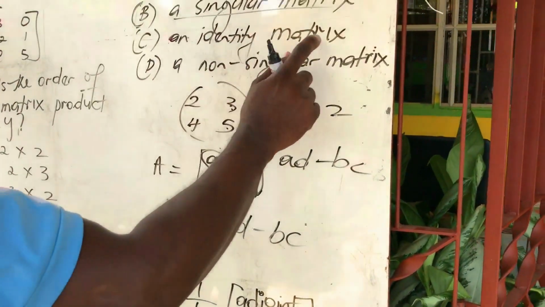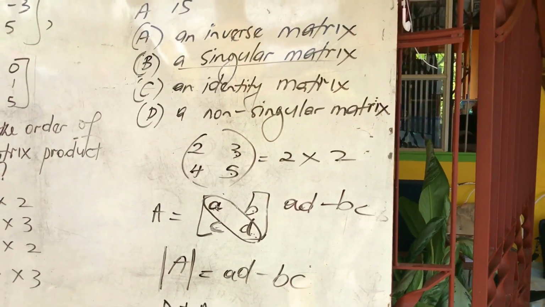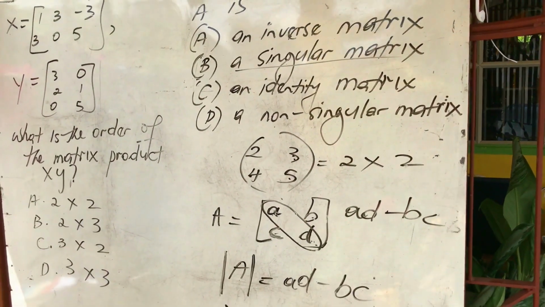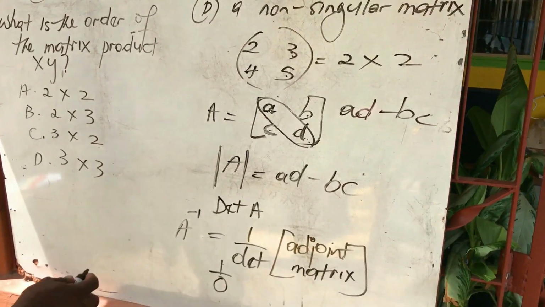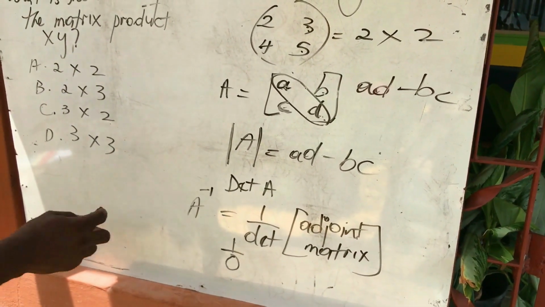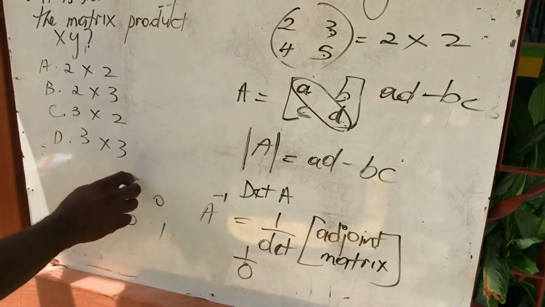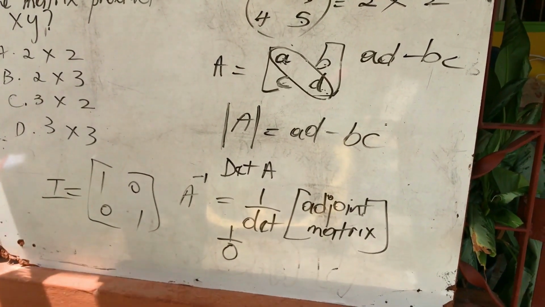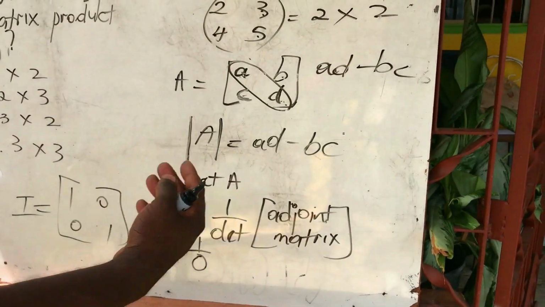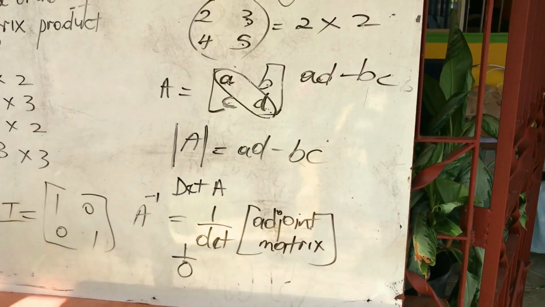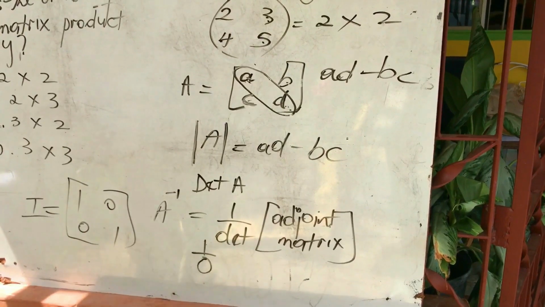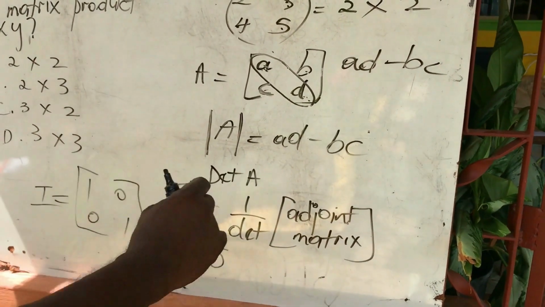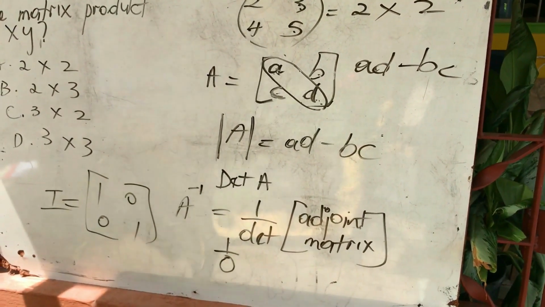Now here you see identity matrix. What exactly is an identity matrix? If we are looking at a 2 by 2 matrix, the identity matrix is [[1, 0], [0, 1]], and it is always denoted by the letter I. If you multiply a matrix by its identity matrix, we basically get back the matrix itself, or if we multiply the identity matrix by the matrix, we get the matrix itself.